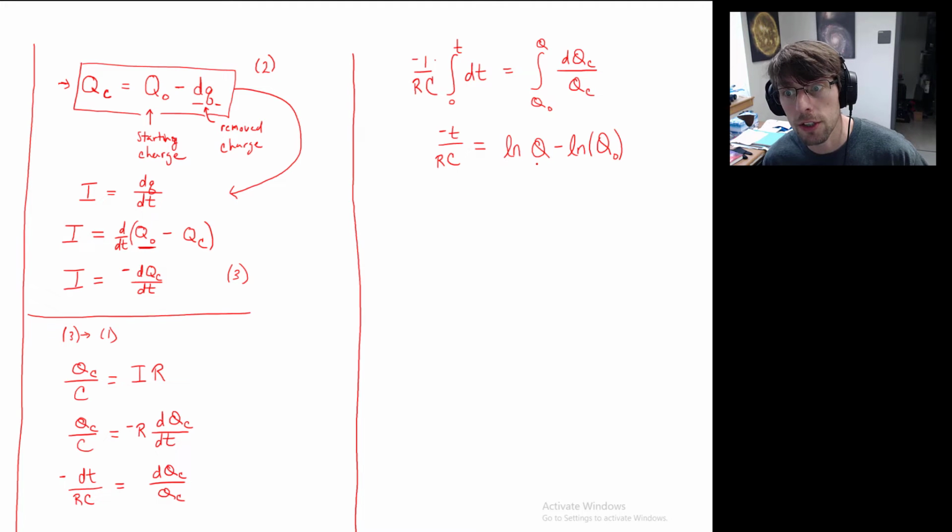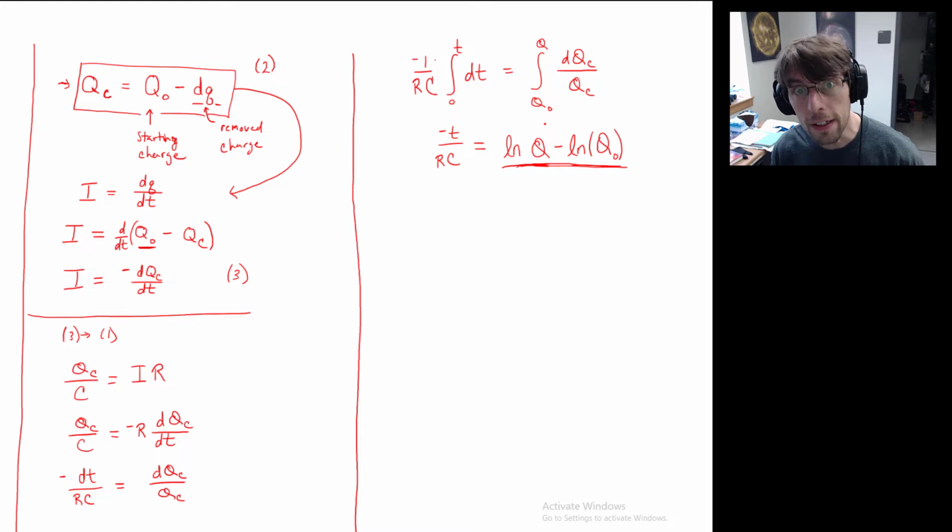Of course, I want to get Q by itself. We'll start off with an expression of Q as a function of time. Once we have the expression of Q as a function of time, we can get the current. So we're after this value for Q. I'm going to take advantage of one of the properties of logarithms.